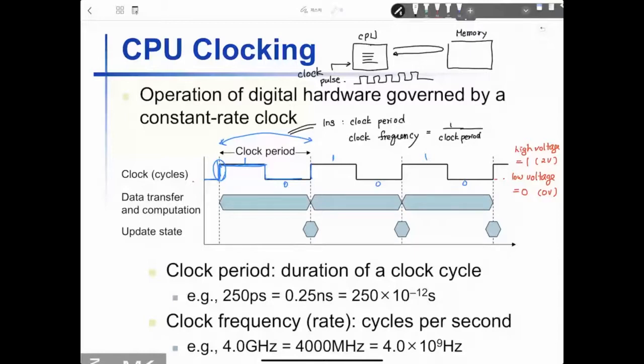Then we can define the clock frequency. Frequency is just the inverse of the clock period. If the clock period is 1 nanosecond, what is the frequency? What's 1 over 1 nanosecond? Here it's like this.